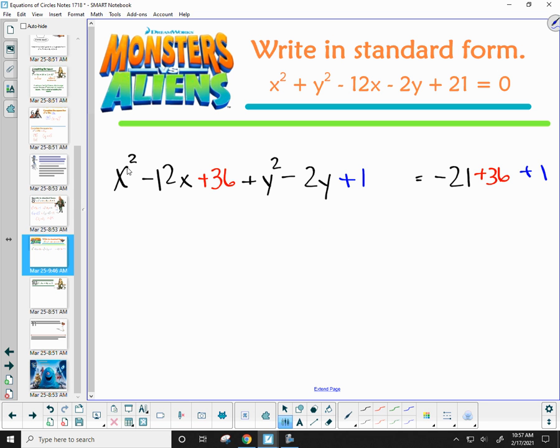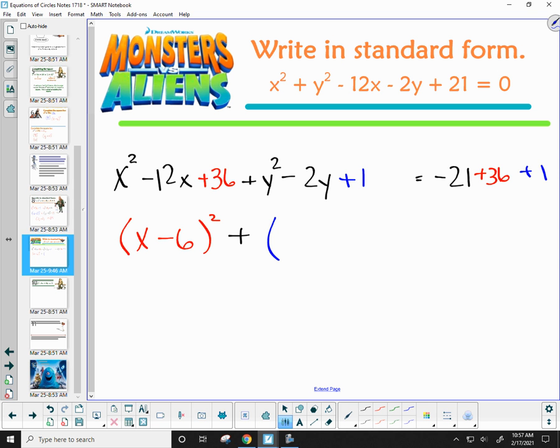All right, so let's think about our x's. Let's factor that. So keep in mind, b divided by 2 gave us what value? Negative 6. So it's going to be x minus 6, that quantity squared, plus, let's take care of our y's.